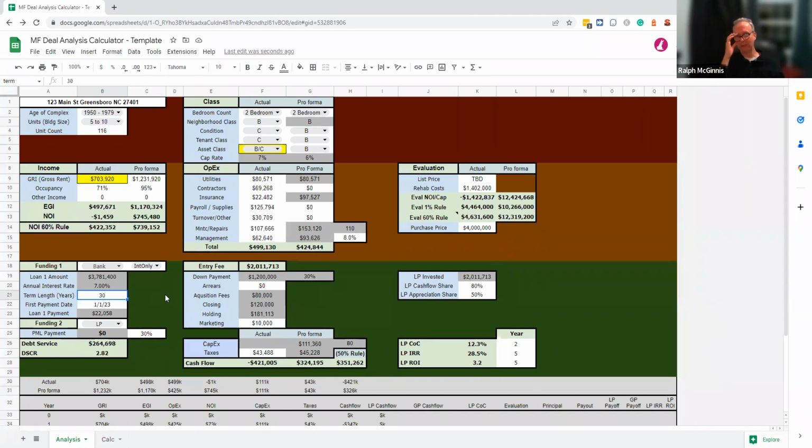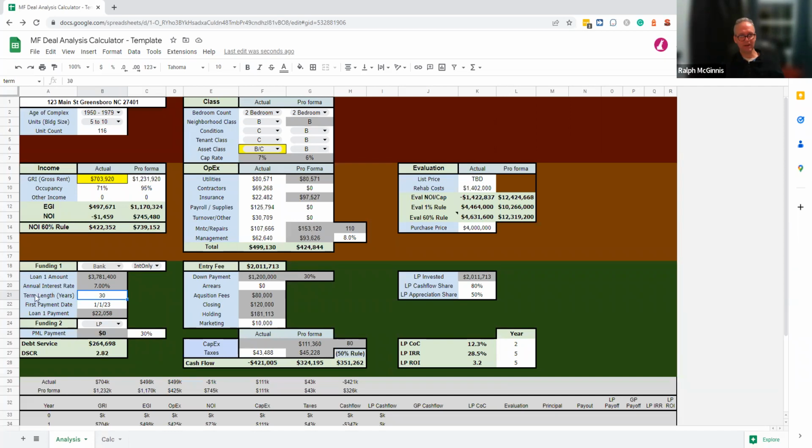So the balloon payment, you want to make sure that it's going to be at least 5 years minimum. And that will give you the opportunity to get the cash flow higher, make the evaluation higher, so that you can either refinance it or sell it and get that money out of that current ballooned loan.